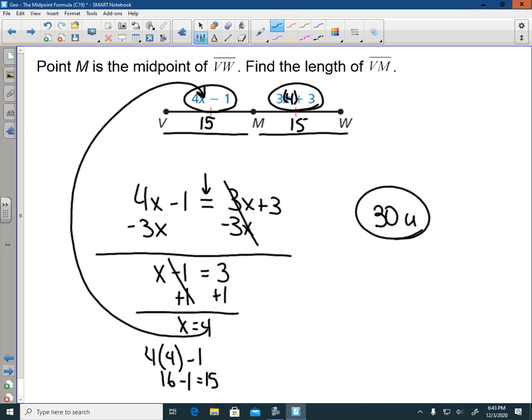You can set them equal to each other, and then use a little handy-dandy algebra to get a value for x. Once you get your value for x, jam it back into one of those expressions and find the distance of each piece, and then add them up to get the total amount. It looks complicated, but with a little practice, you're going to do just fine.